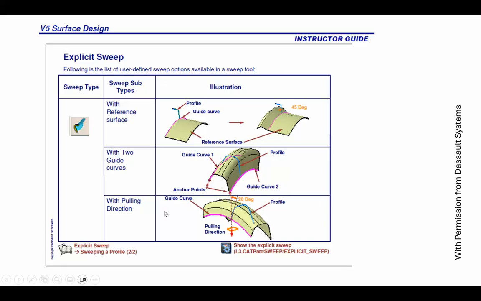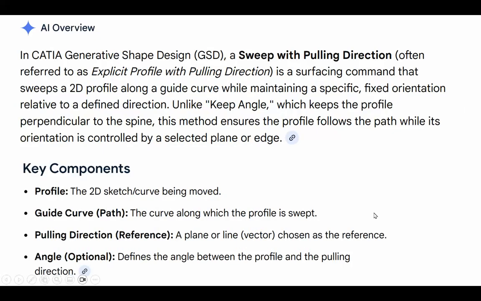And down here, notice that this is the explicit type, and there are the 3 subtypes, namely with reference surface, with 2 guide curves, and this is the one that we're looking at right now, with pulling direction. So they try to tell you essentially what it does. It controls the angle between some direction and profile. Okay, it's a very loaded wording that they have.